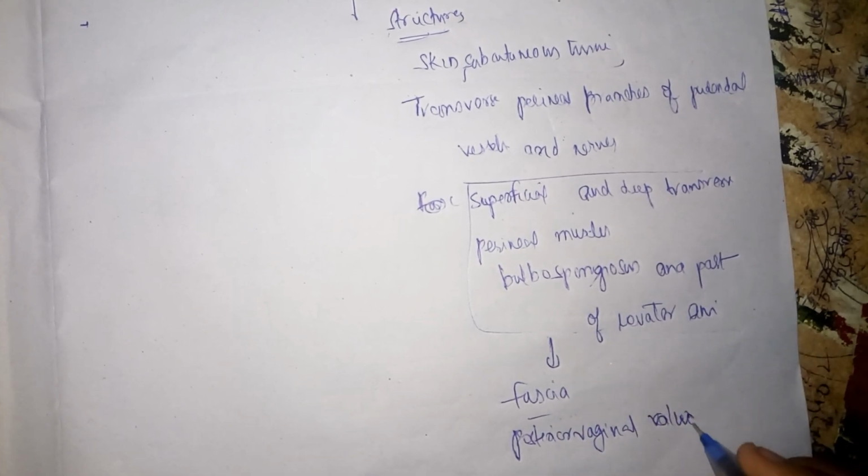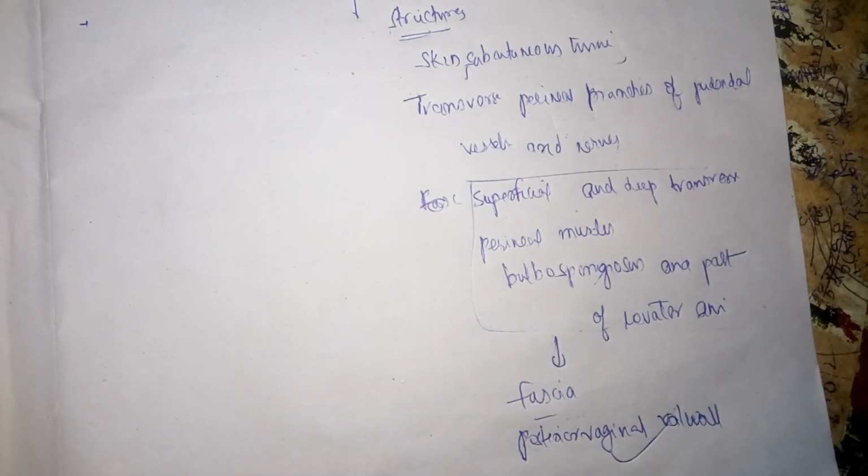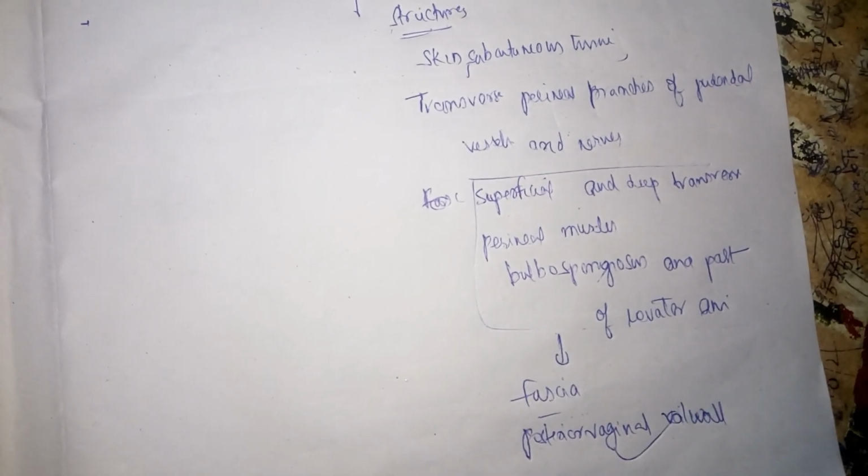These are the structures that are injured or cut during mediolateral episiotomy.